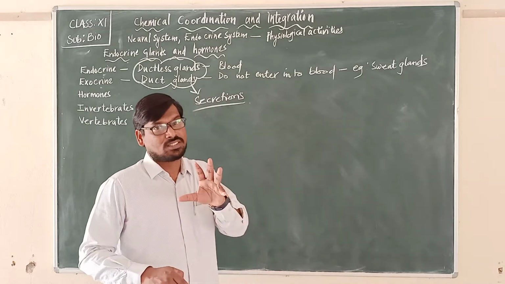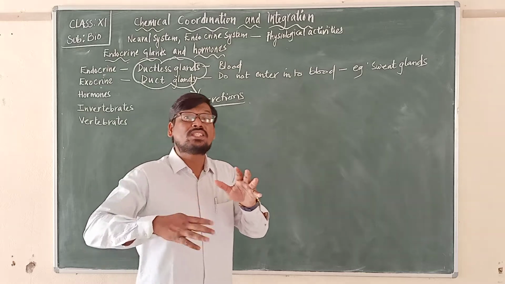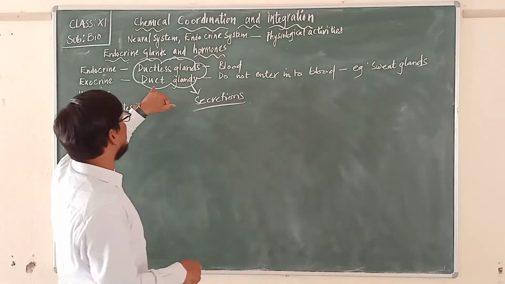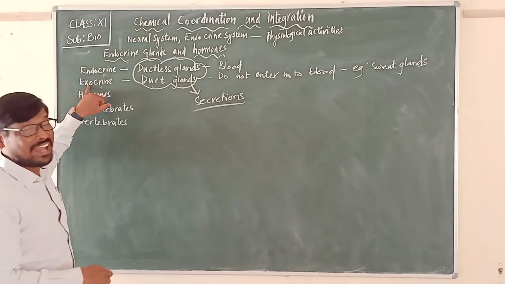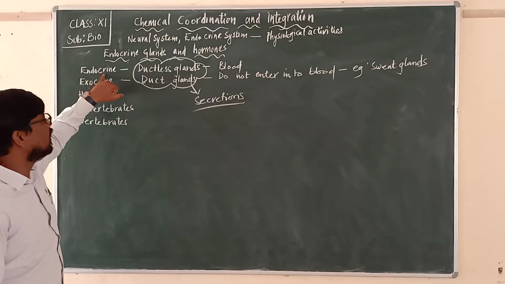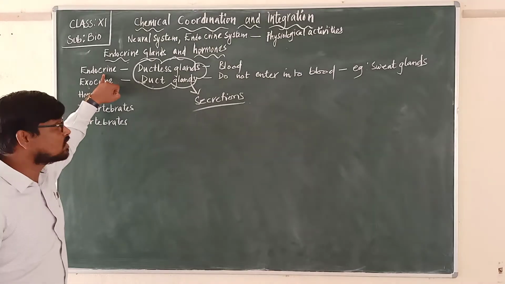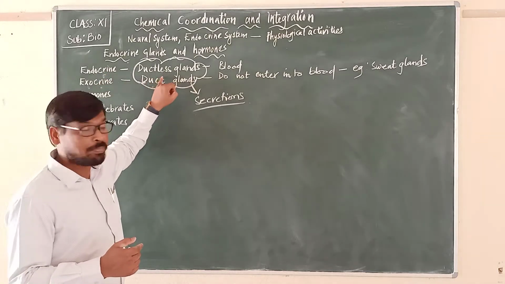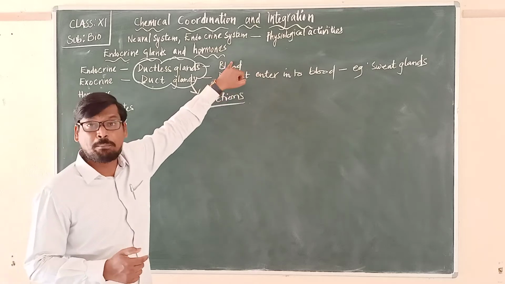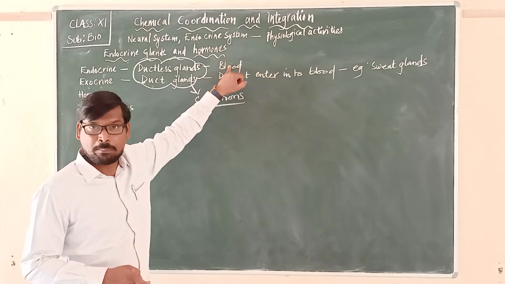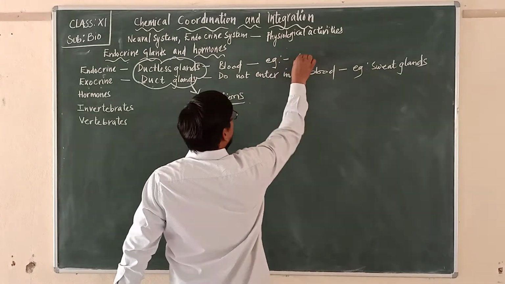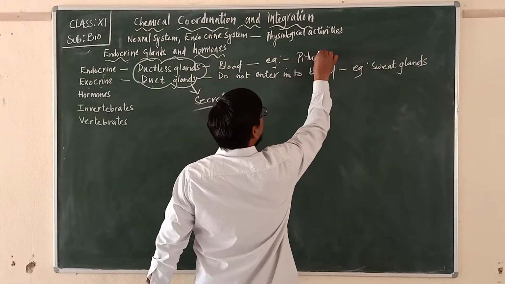Glands whose secretions are not released into the blood and which have ducts are called exocrine glands. But in this chapter we are going to discuss the endocrine glands. These are ductless glands and their secretions are directly poured into the blood. The best example is the master gland, the pituitary gland.